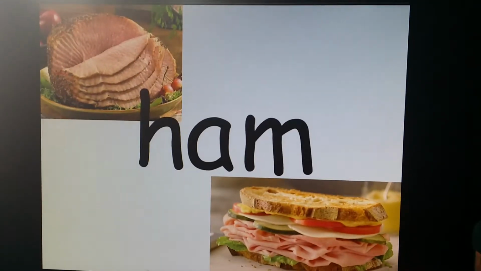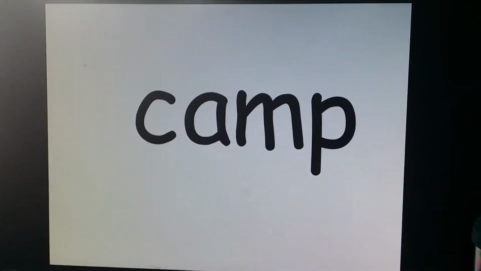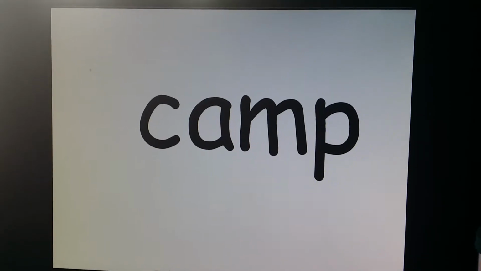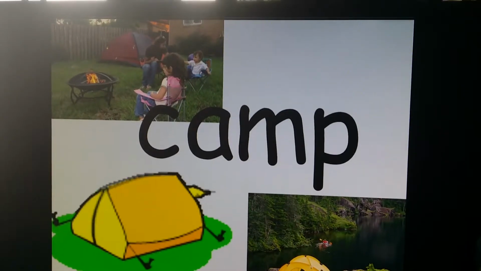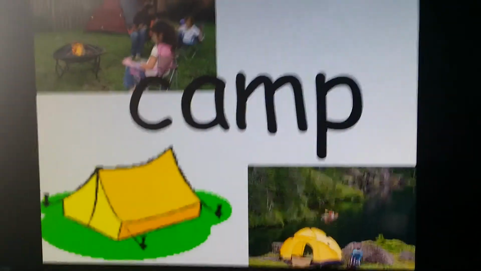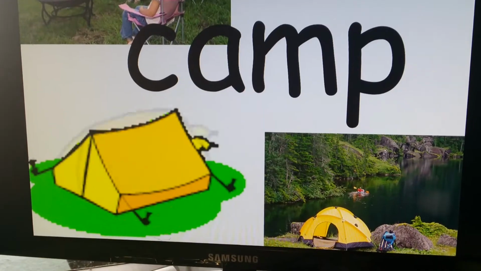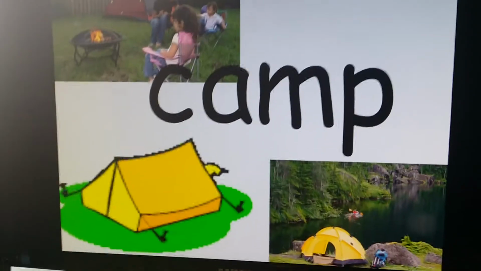It's good when it's hot for dinner or in a sandwich, ham. Okay, four sounds. K, amp, camp. You can camp out in the backyard, or you can camp at a campsite and sleep in the tent. That's great fun.